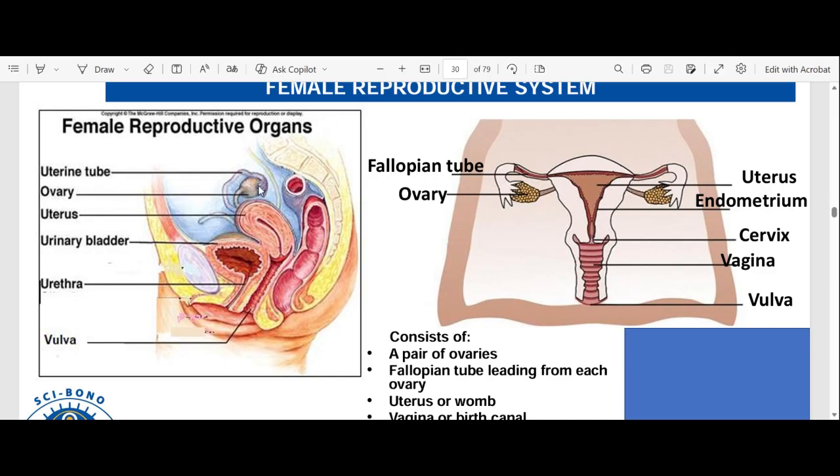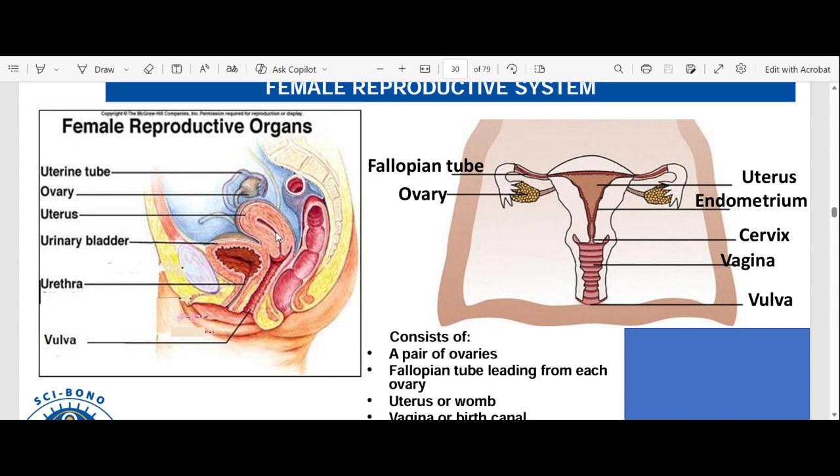As we move away from our ovary, we enter our fallopian tubes. This fallopian tube is the site for fertilization. Then after our fallopian tube, we reach the uterus.